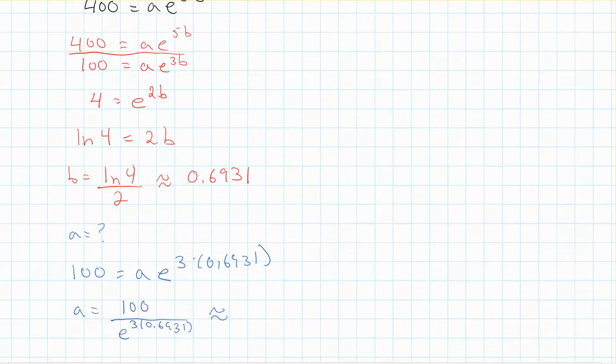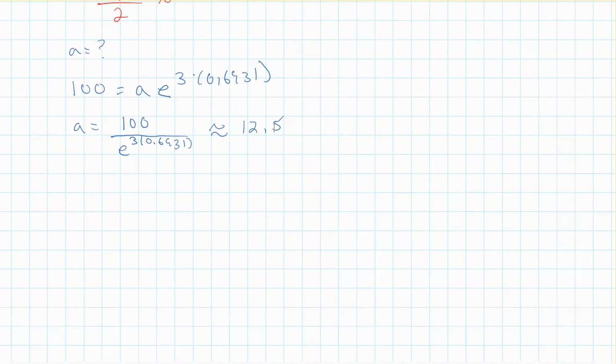So let's go ahead and do this. And I'm just going to round this to 1 decimal spot, approximately 12.5. So then for part A, my model is f at t is equal to 12.5 e to the 0.6931 t.